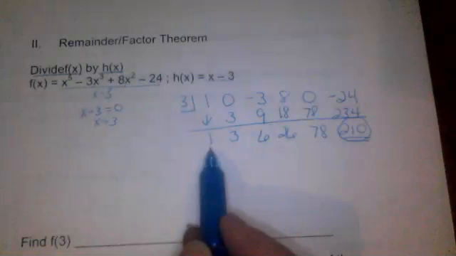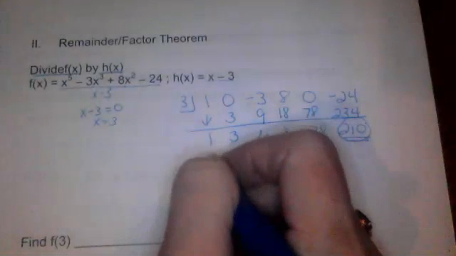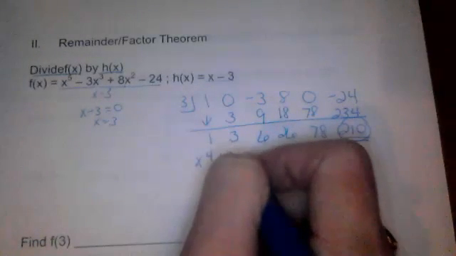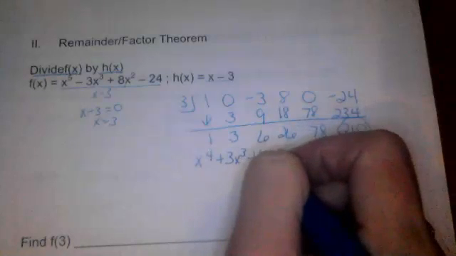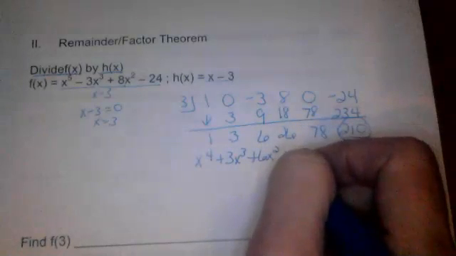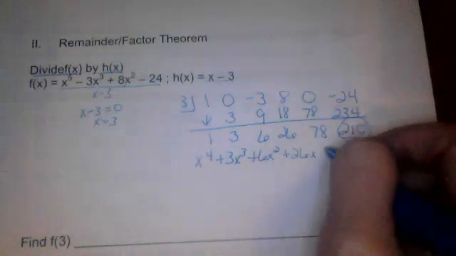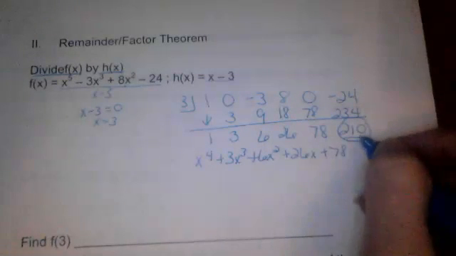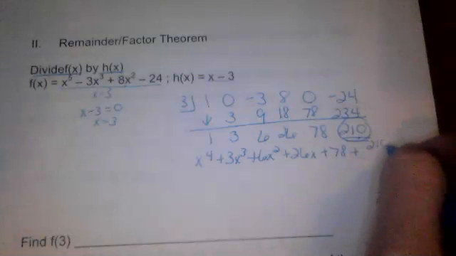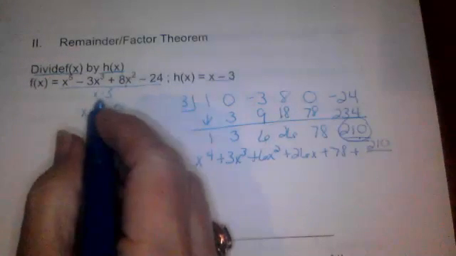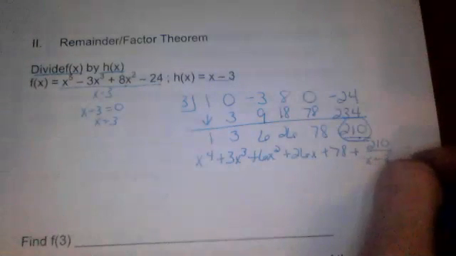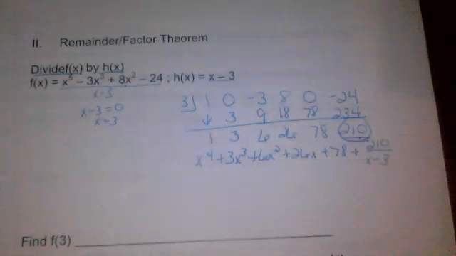Well, what I get is 1 degree less. So this is going to be 1x to the 4th plus 3x to the 3rd plus 6x squared plus 26x plus 78 with a remainder of 210. So it's 210 out of what I divided by, x minus 3. The remainder goes over the divisor.